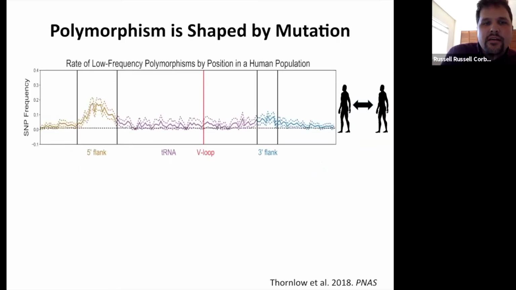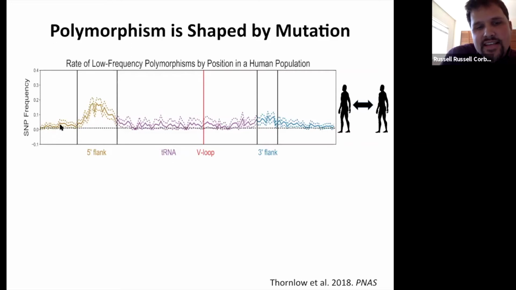Okay. So the first thing we're going to do then is look at rates of polymorphism. What I'm looking for now are low frequency SNPs, so single nucleotide polymorphisms, in human populations. So we're looking across a pan-African data set of a few thousand African individuals. And what I'm plotting here is an aggregate analysis. I've taken the approximately 400 tRNA genes in the genome, aligned them all to each other, and then I'm showing you an aggregate of the proportion of tRNA genes that have a low frequency SNP mutation at a given site in the genome.